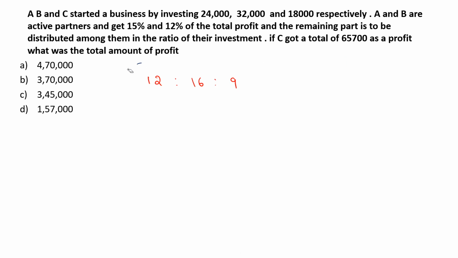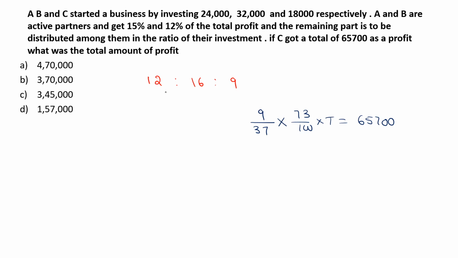The part of C would be 9 out of the total, that is 12 plus 16 is 28, plus 9, that is 37. So 9 out of 37 of 73% of the total. 73% of the total is nothing but 65,700. Okay, are you following me?